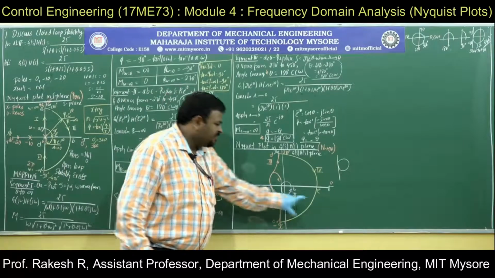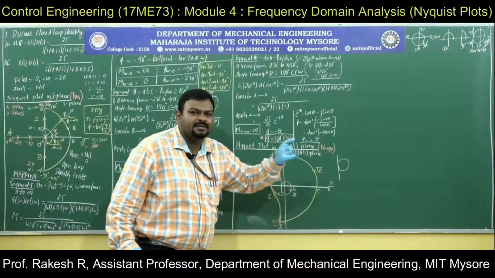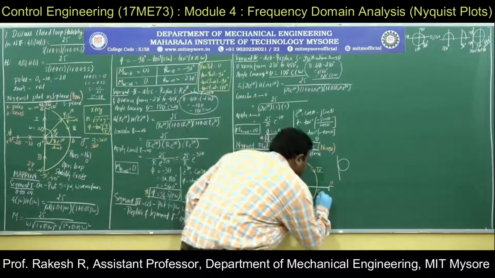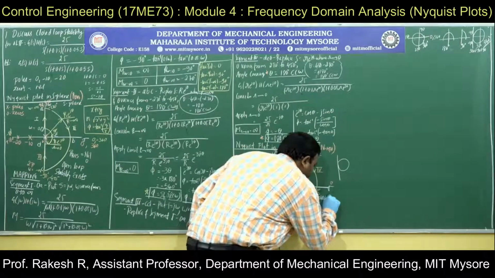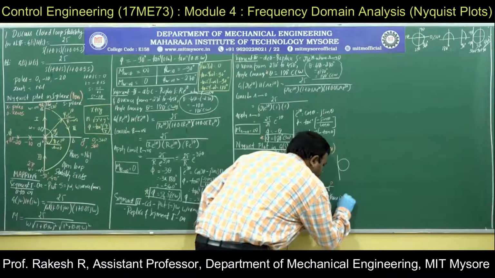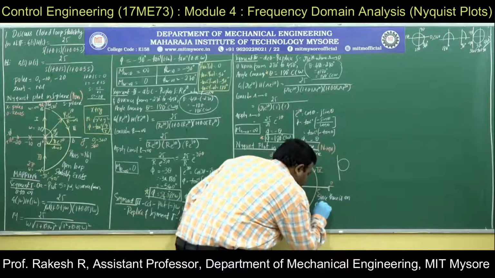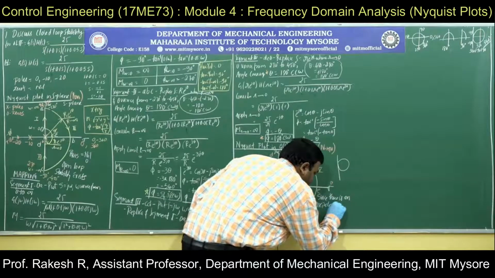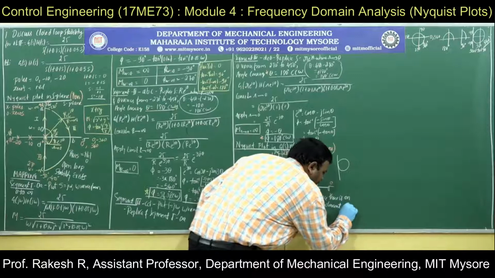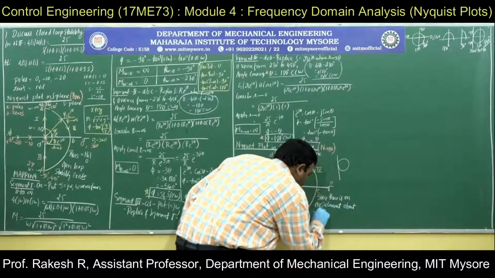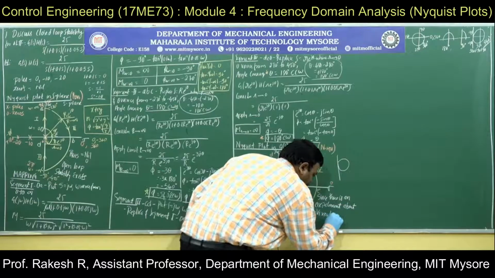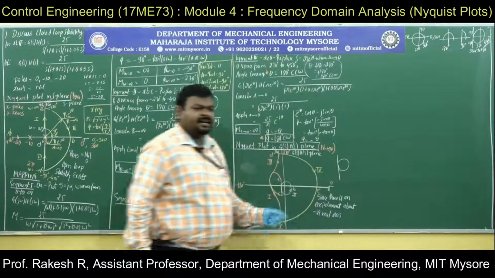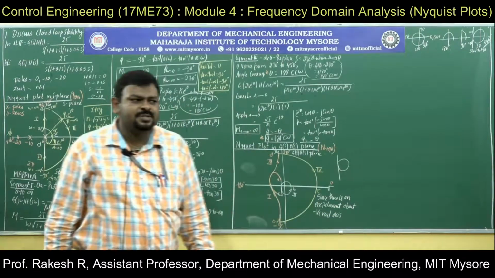Encirclements, this is a concept. Here, interpretation: since there is an encirclement about the negative real axis. Why do we take the negative real axis? Why can't it be the positive real axis?